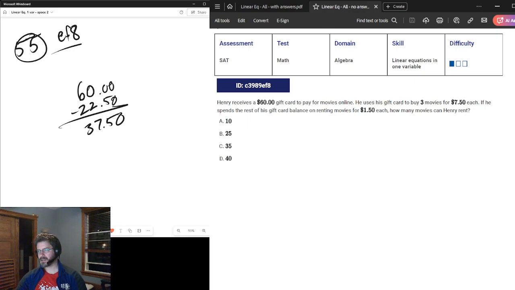So he's going to get 25 of those because we just divide that over. Because it's $1.50 each rental, and that equals our remaining cash. So we just divide it over, and we get 25 of these. That's B.